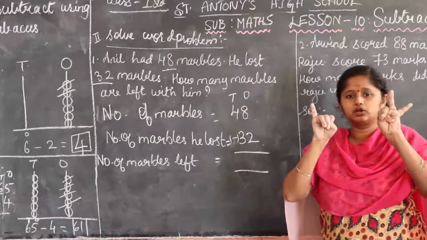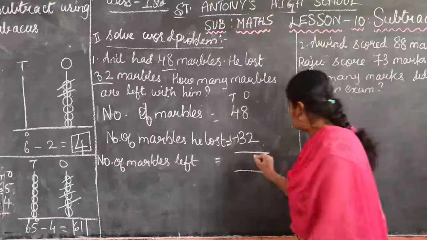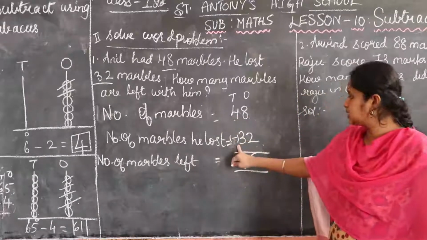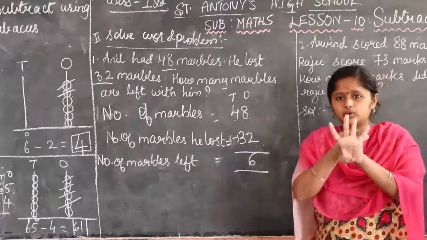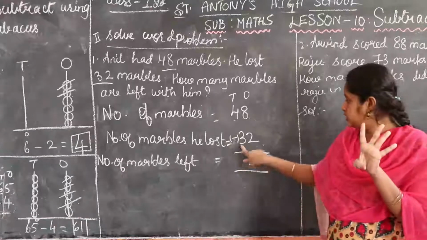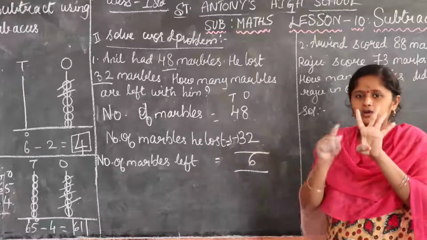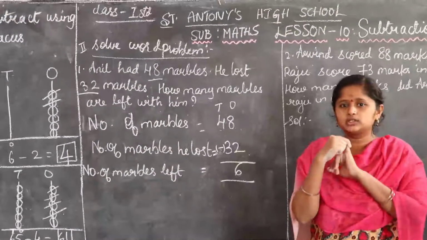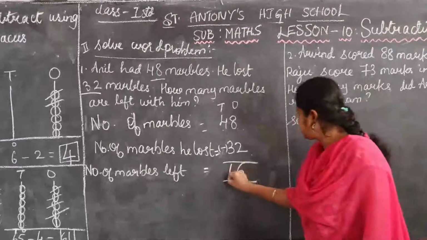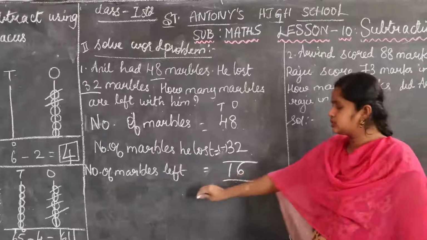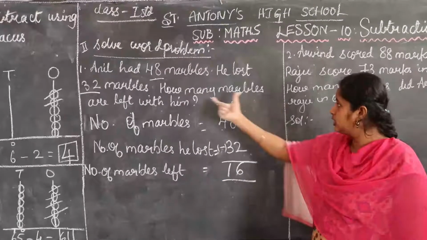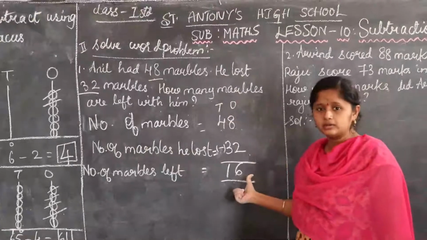So how much is left? 1, 2, 3, 4, 5, 6. 6. Next, 4 minus 3. So take 4 fingers. How much number we have to reduce? 3. 1, 2, 3. So how much is left, children? 1. Okay. So how many marbles are there now? Total 16 marbles are there.